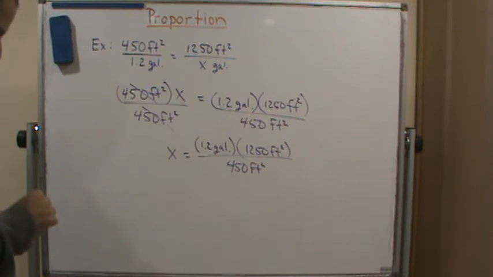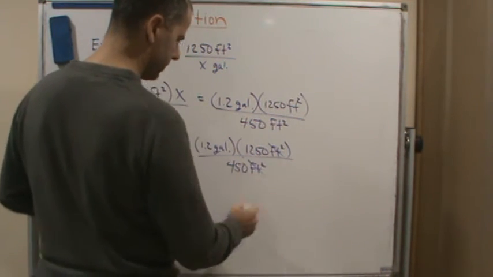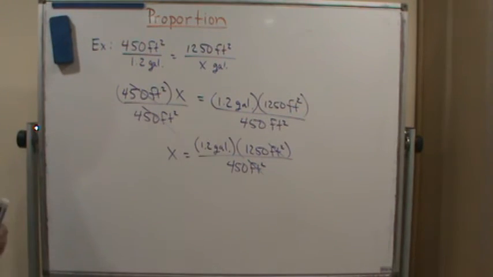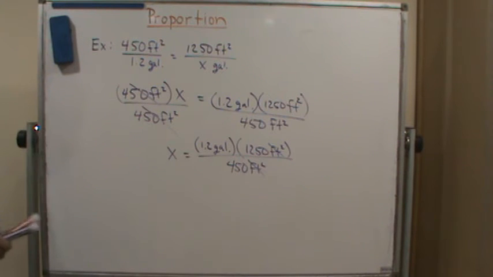The square feet divided by square feet cancel out, so our answer is going to have gallons as units, which is exactly what we wanted.